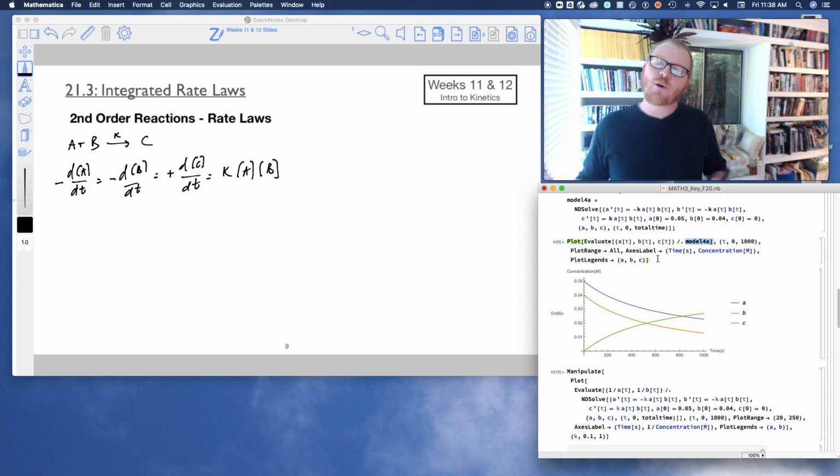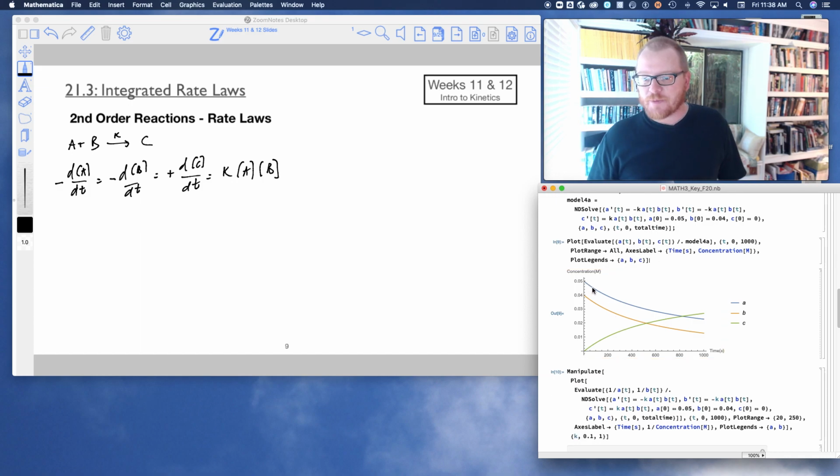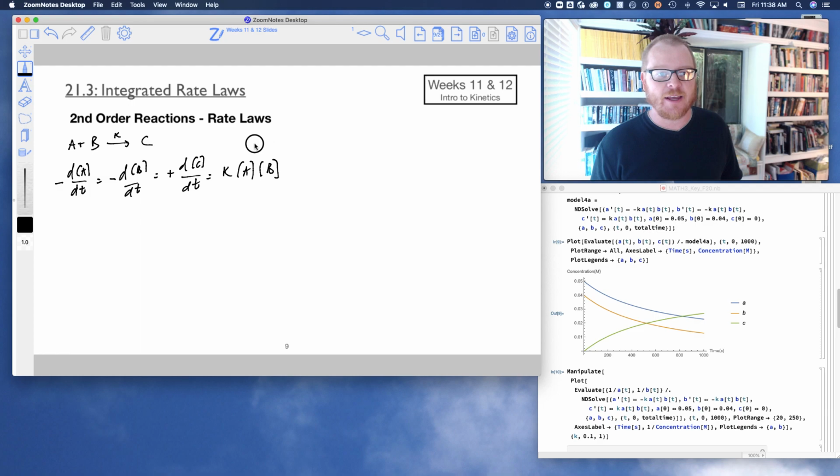So now this is a second order reaction, and if you've got a really good eye, you might pick up that these are exponential decays. And that is correct, okay? So in this second order reaction with A plus B, the profile of A, when I solve this differential, will actually be A at time t equals A0 e to the negative kt.